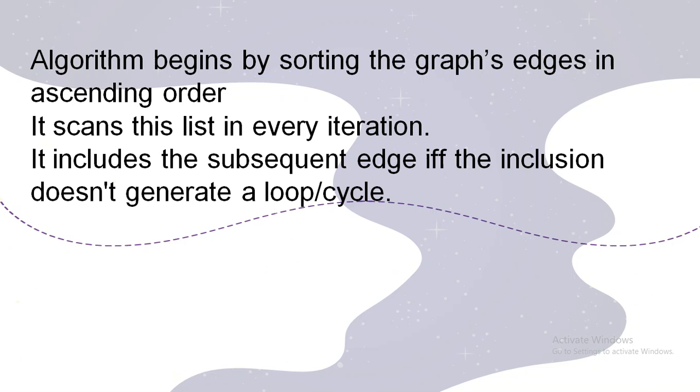I repeat, it orders all the edges of a weighted graph in ascending order of the weights. It scans the list in every iteration. It includes the next edge if and only if its inclusion doesn't create a loop in the spanning tree. Of course, it will fail to be a spanning tree otherwise.